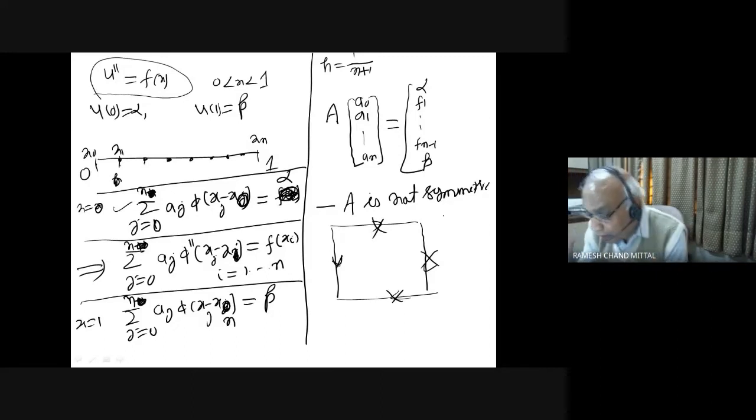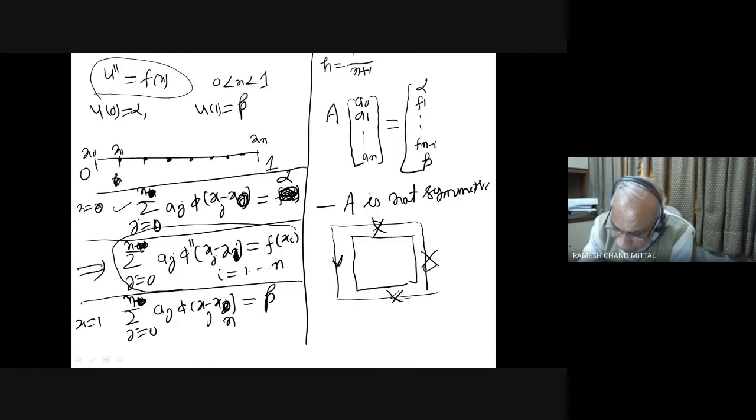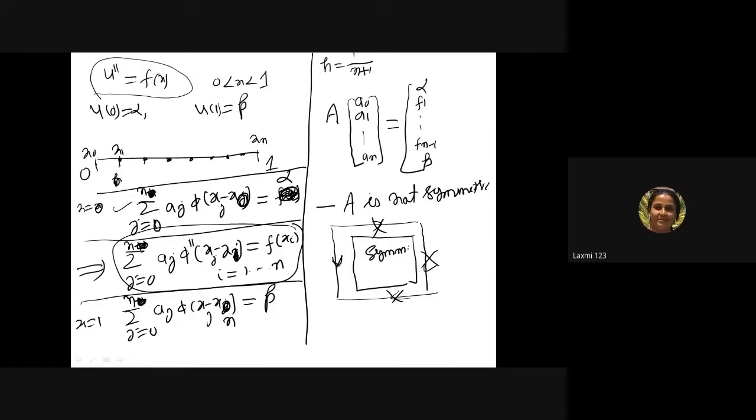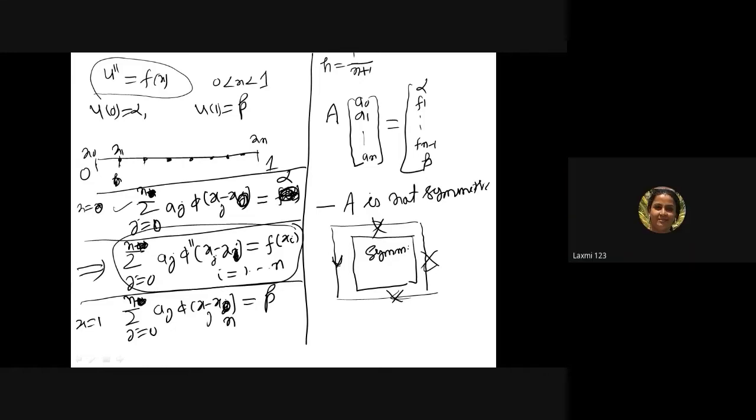However, if I leave out the first row and first column, and the last row and last column, then I have the matrix entirely defined by the n minus 1 by n minus 1 middle equations. It will be symmetric because they are all phi double prime. So this part is symmetric. This just shows you what is happening.